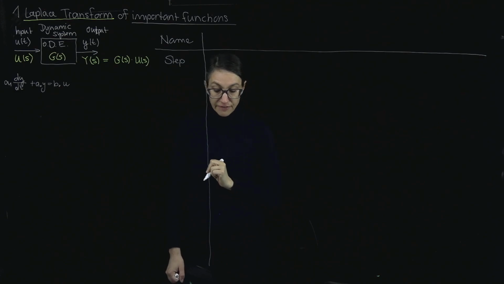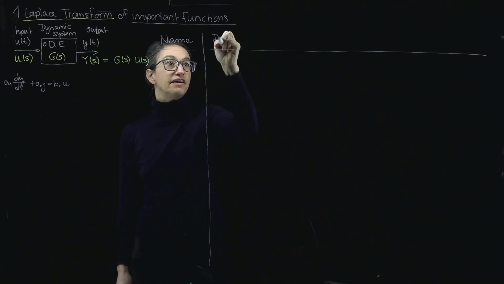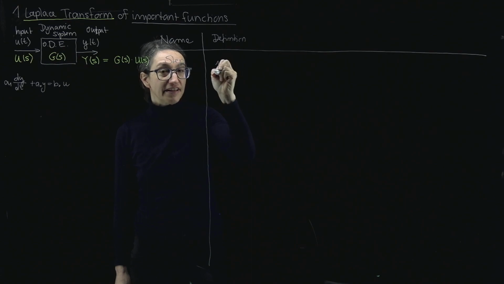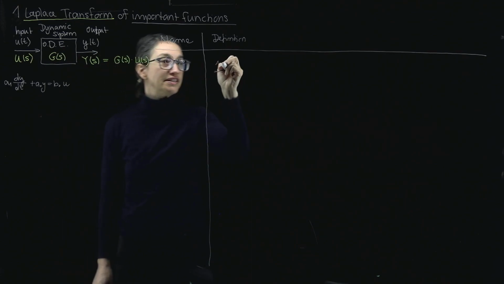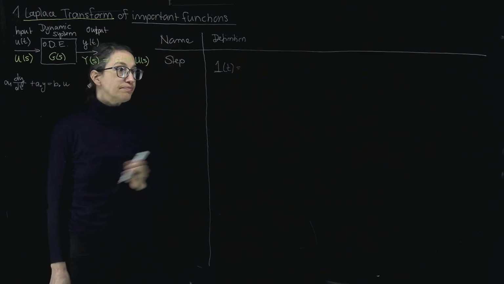And I will give you the time definition. So it's defined as, and I will call it this little funny symbol 1 of t, to indicate it's a time function.